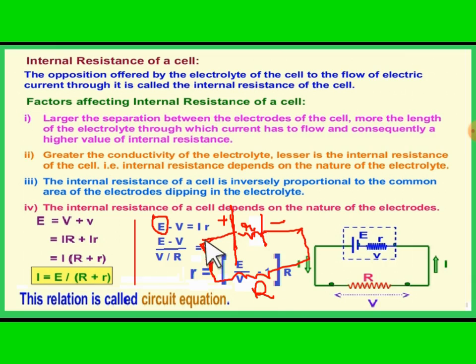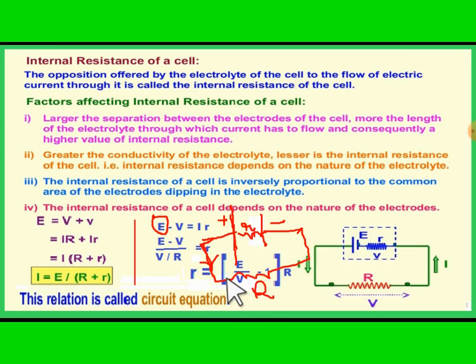When the current is flowing, the potential difference at the two electrodes will also be equal to the potential difference, or drop, across the resistor. Got it? So your current will be flowing in this way.